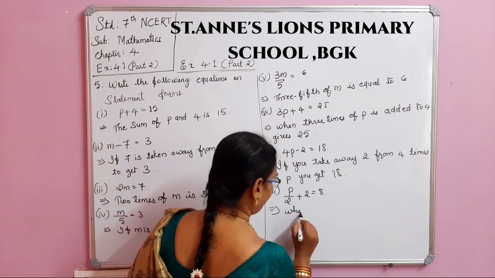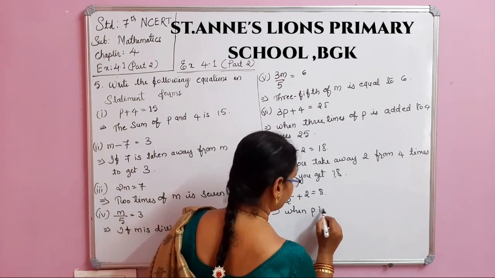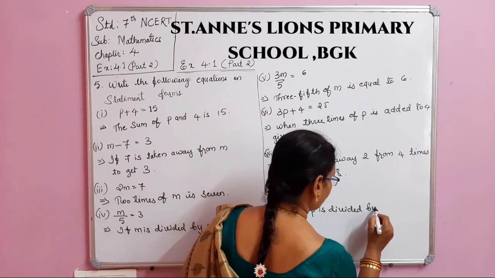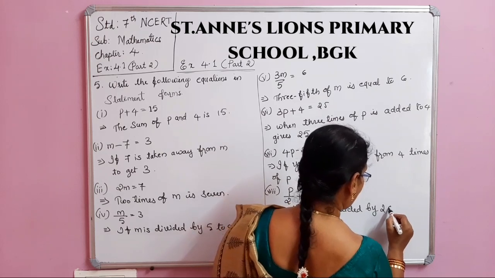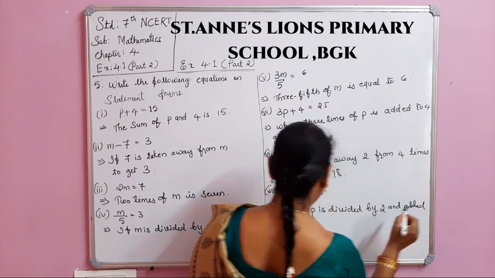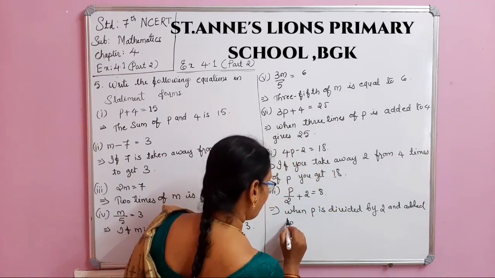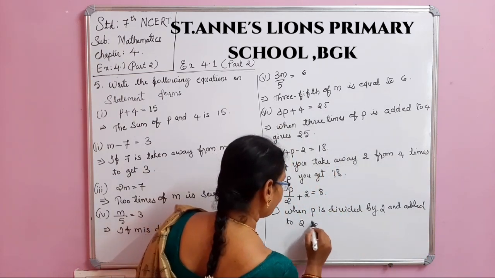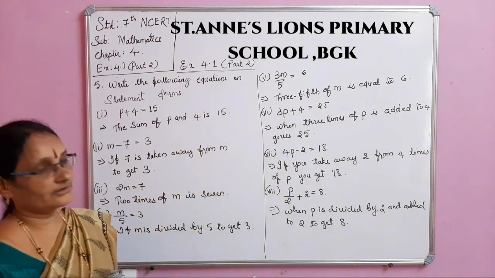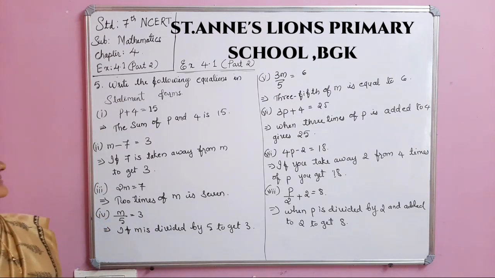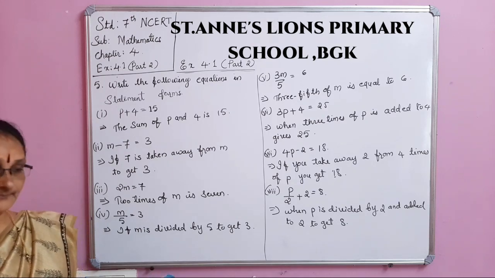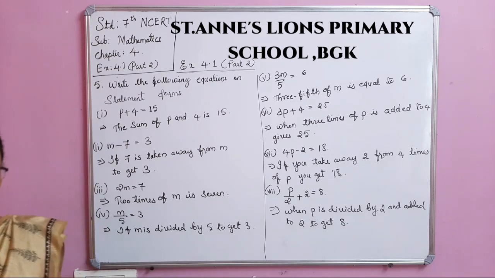When p is divided by 2 and added to 2 to get 8. So this is the method of writing the statements for the given equations. Okay, complete this fifth way. Next I am going to do the sixth way.